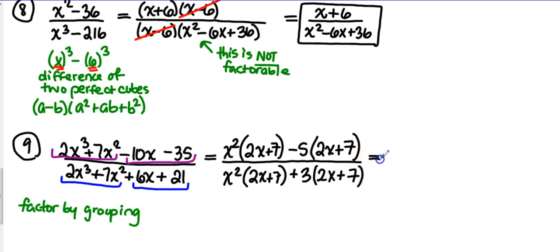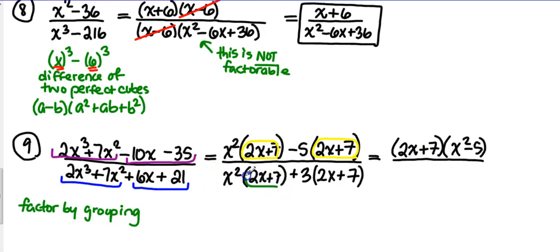We have not finished factoring by grouping yet. So again, I'm going to come back up here and just look at the numerator. And I see 2x plus 7 is my common factor. So factoring out a 2x plus 7 from the numerator will leave behind x squared minus 5. Looking at the denominator, once again, I will look for the common factor.